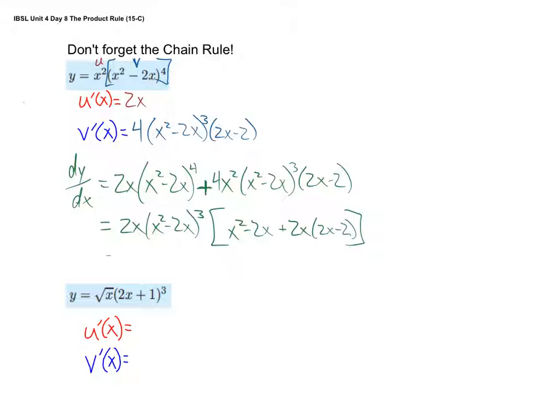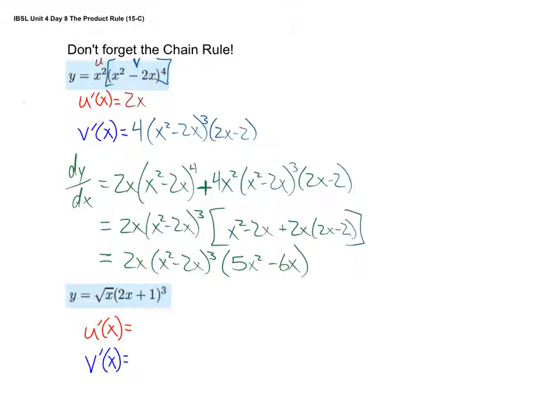So if I simplify all of that, I get 2x times x squared minus 2x cubed times x squared plus 4x squared is 5x squared. Negative 2x minus 4x is a minus 6x. And that's it. Okay? We could simplify a little bit more if we wanted, but that's good. Okay? So that's the answer. That's our answer. All right?